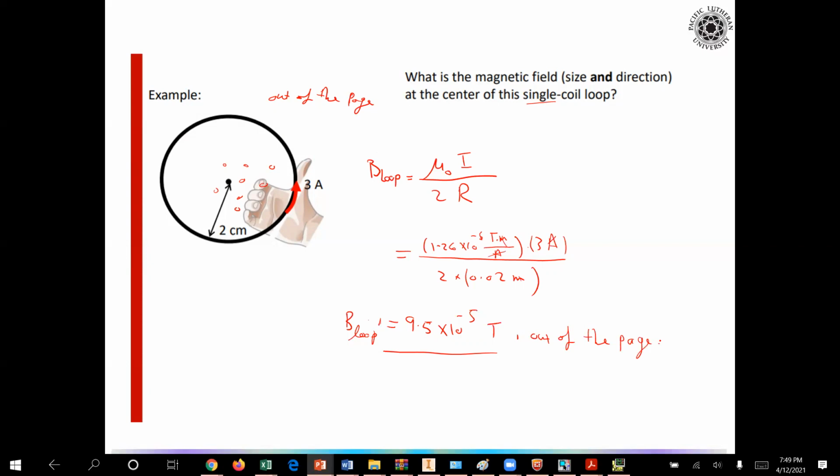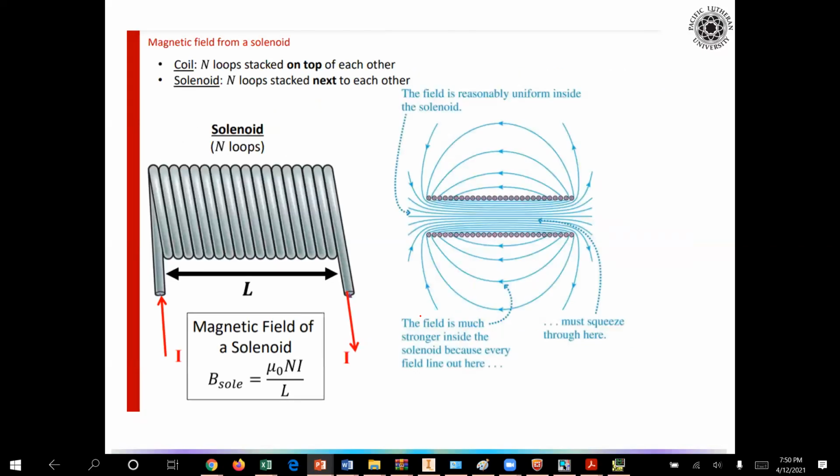Okay, so that's how to find the magnetic field for one loop. If we are given a number of turns, we just multiply this number by the number of turns. And that leads us to a new concept, the application of the solenoid.